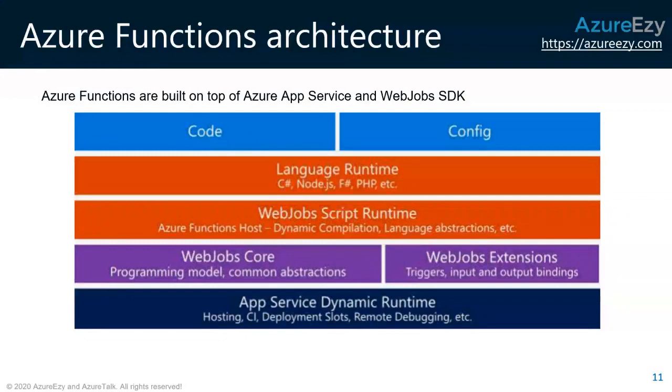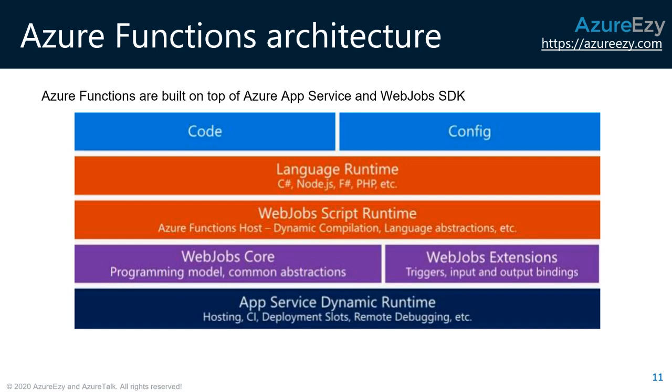Azure Functions is built on top of Azure App Service itself. If you know, prior to Azure Functions there was something called Web Jobs, which was a similar kind of functionality given by Azure, but Azure Functions is way more powerful.